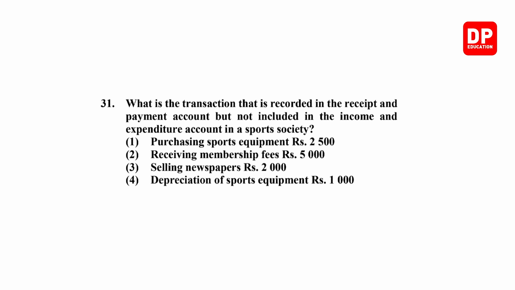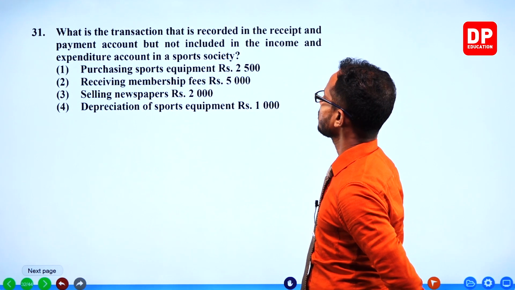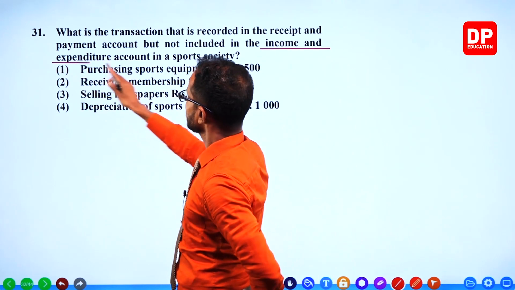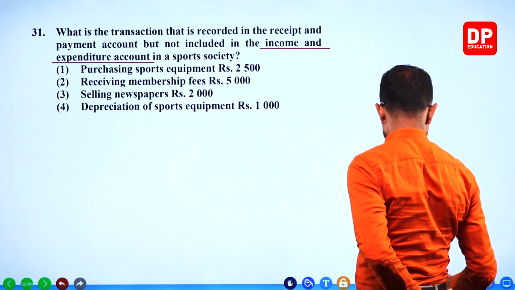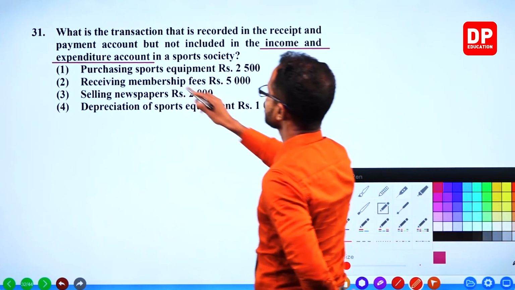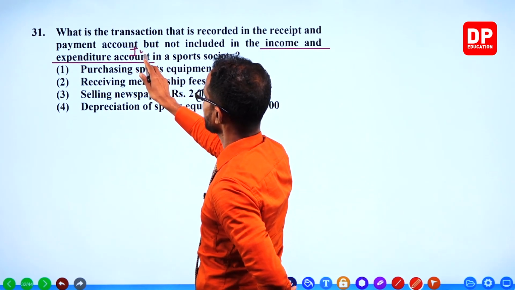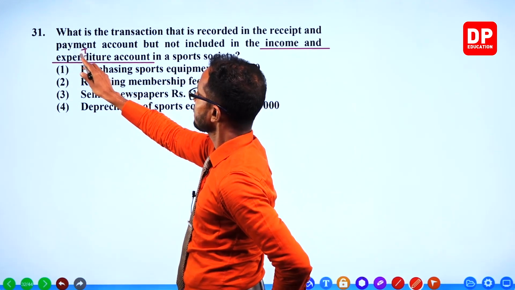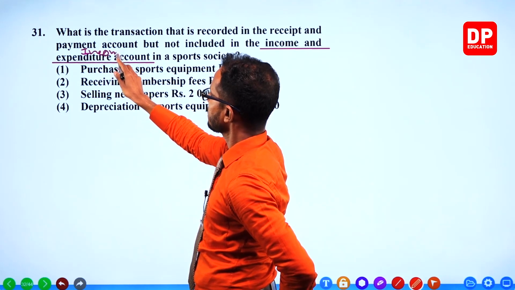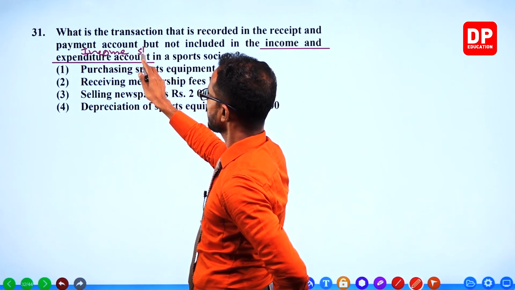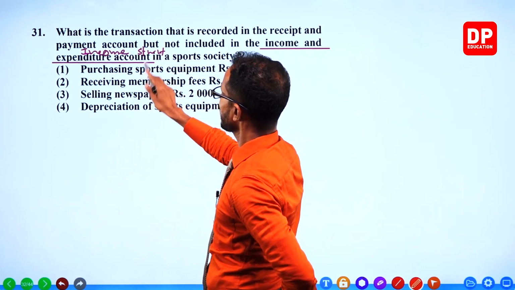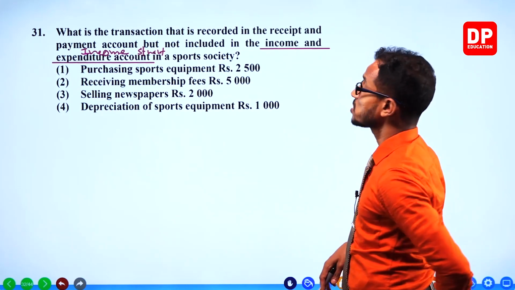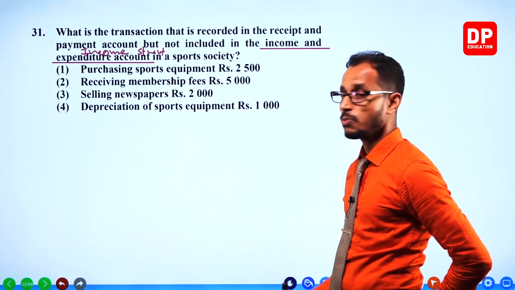What is the transaction that is recorded in the receipts and payments account but not included in the income and expenditure account? Again, income and expenditure account, see, the income statement. In a sports society, they're asking about a sports society.